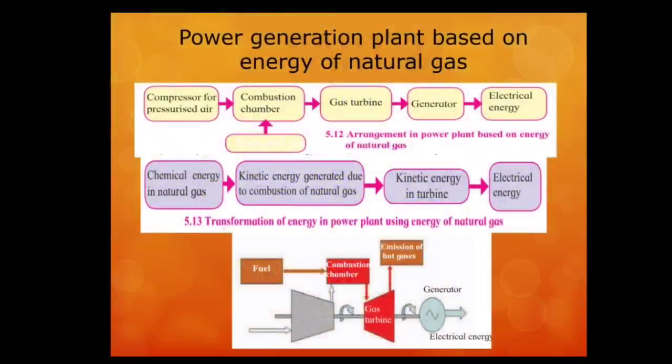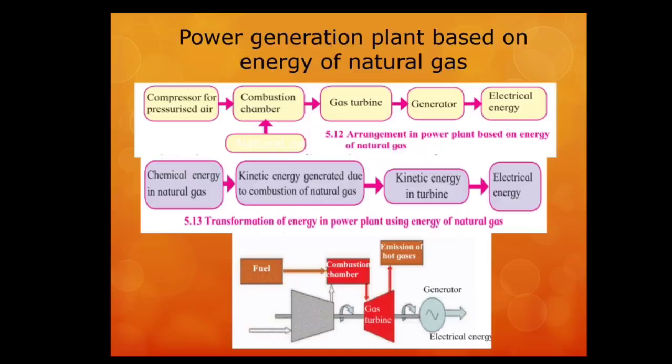We begin with the power generation plant based on the energy of natural gas. Look at the flow chart over there. You can see in the compressor, air is pressurized from outside and sent to the combustion chamber along with the natural gas.